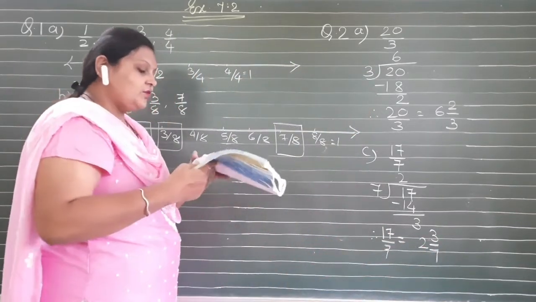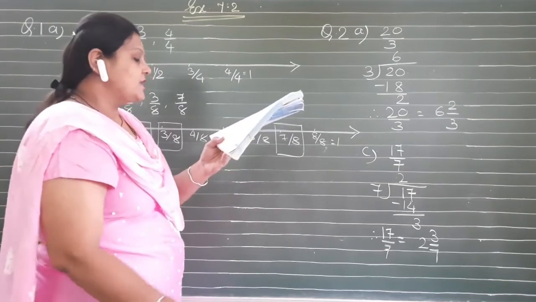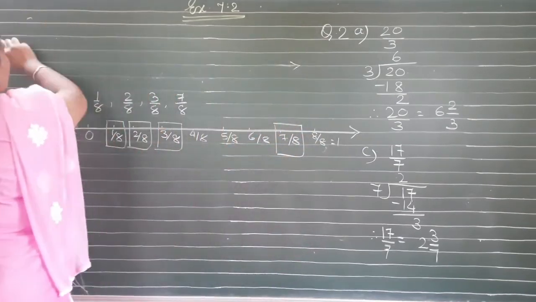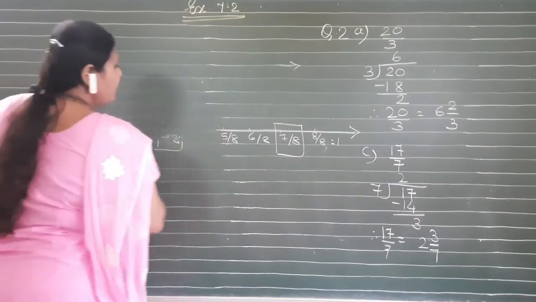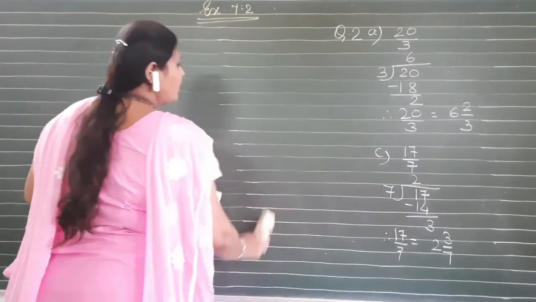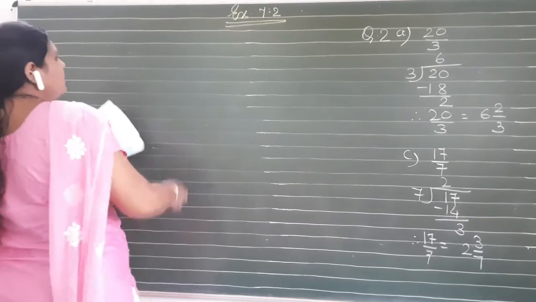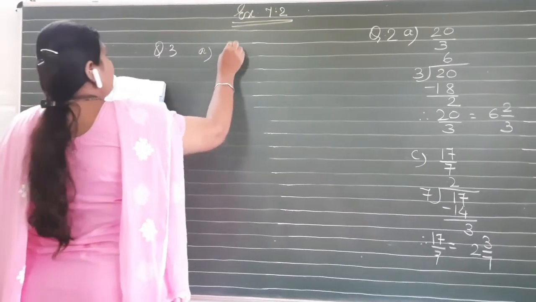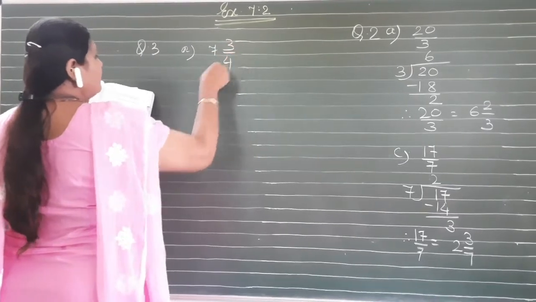Question number 3. Express the following as an improper fraction. Now you are given mixed fractions and you have to convert a mixed fraction into an improper fraction. So first is 7 integer 3 upon 4.